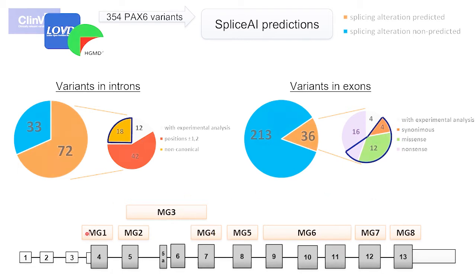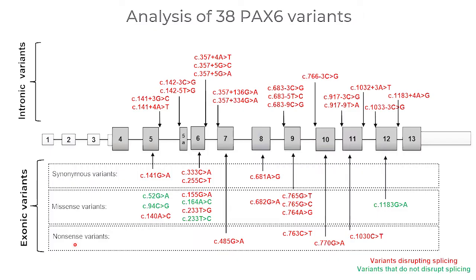So now we could analyze splicing of all PAX6 coding exons. In total, we analyzed 38 intronic and exonic variants and showed that most of them actually disrupt splicing. It allows us to establish the real molecular mechanism of the pathogenicity of studied variants, which is especially important for exonic variants.